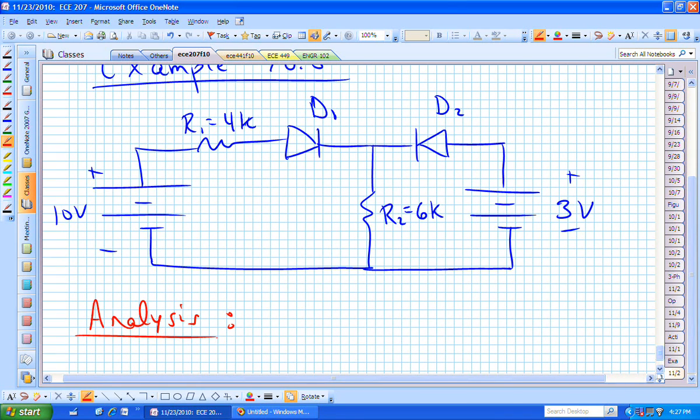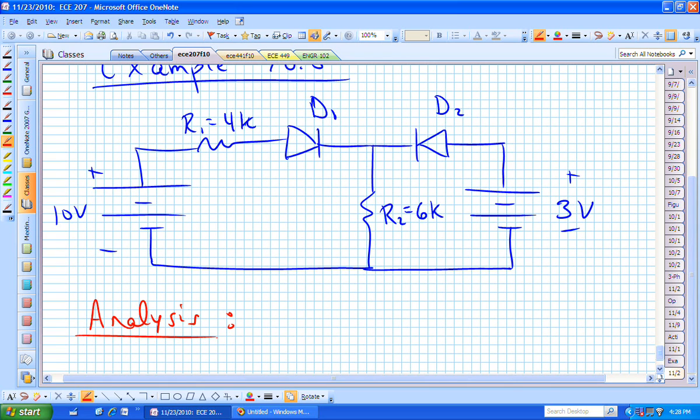When it's forward biased, right? When the polarity across that diode is positive from the anode to the cathode is when it wants to look like a wire. In this particular case, if you just looked at the sources, and diode 1 is the anode, does it look like it would be more positive than the cathode in diode 1? Because I have 10 on the left and 3 on the right.